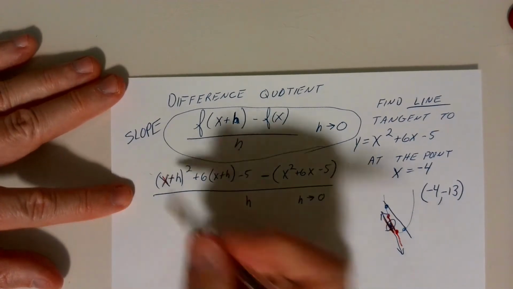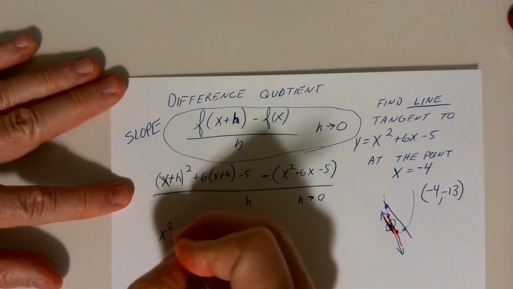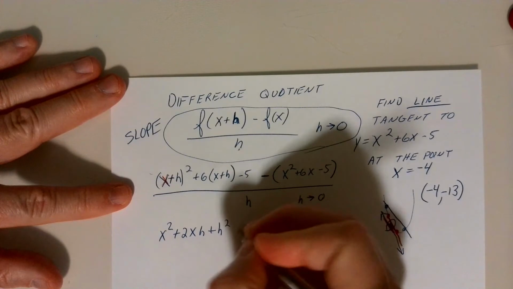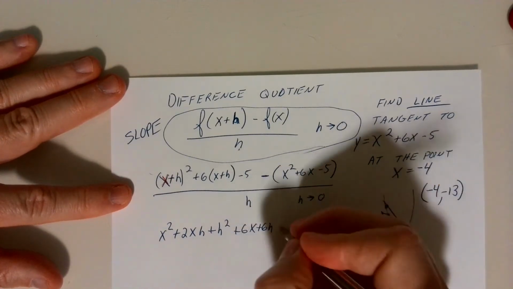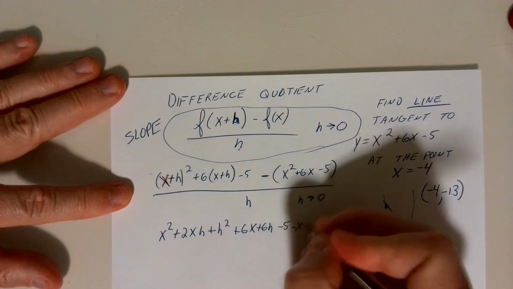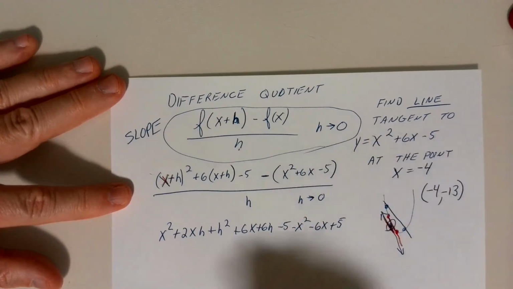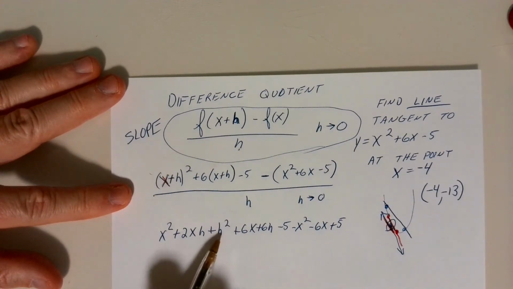So here's what I've got to do first. I've got this (x plus h) squared, which is x squared plus 2xh plus h squared, plus 6x plus 6h minus 5 minus x squared minus 6x plus 5. All I did was x plus h times x plus h, which is this.